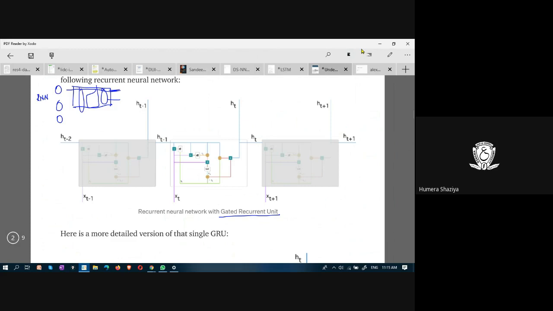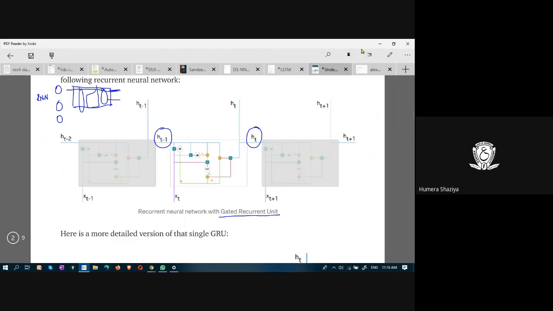Going ahead to this gated recurrent unit, here you have the output information from the previous unit. Consider that this is the current unit. It receives output from the previous unit on this one, and it forwards its output to the subsequent unit.